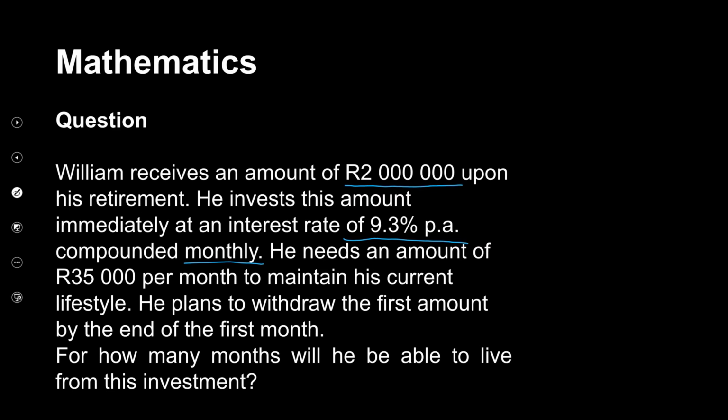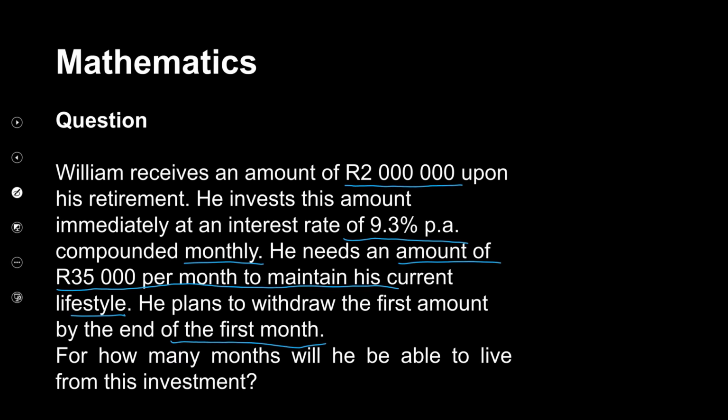He needs an amount of 35,000 per month, for a very expensive current lifestyle, in order to maintain his livelihood. He plans to withdraw the first amount by the end of the first month, right? For how many months will he be able to live from this investment?